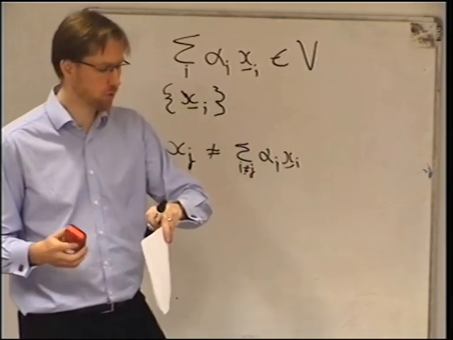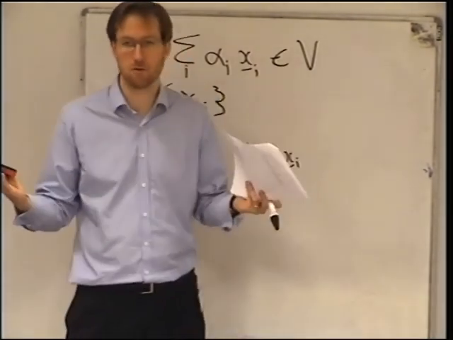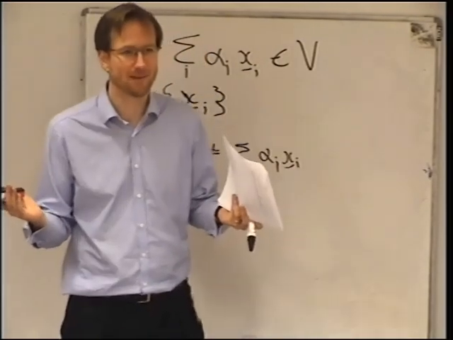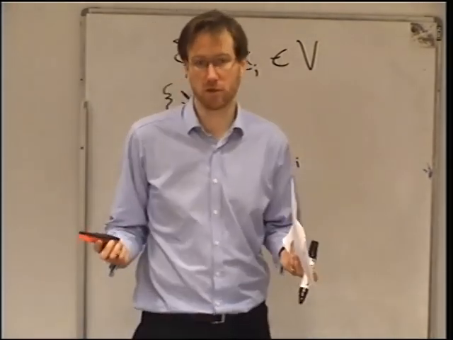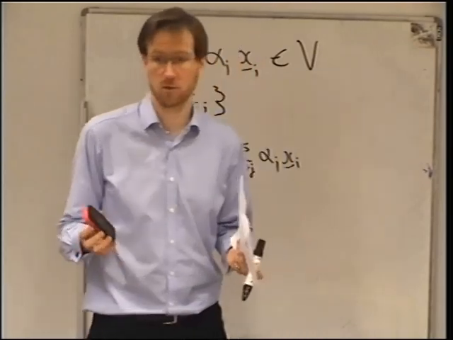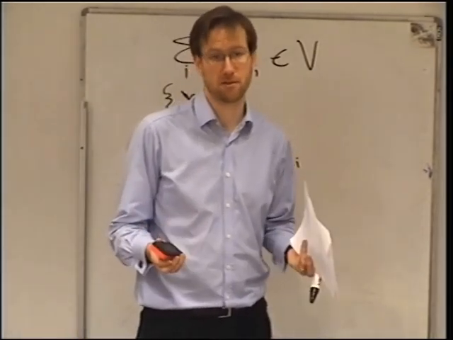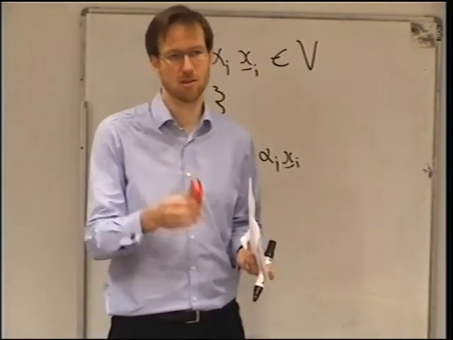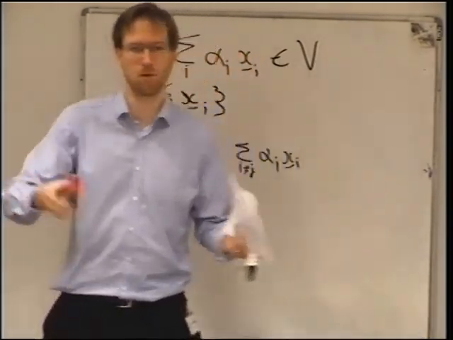And so I'm not going to draw all this out now, but if we took the functions, for example, to make our life convenient, on the interval minus pi to pi, then a big class of functions on that space, certainly all the continuous ones, but actually quite a lot of the discontinuous ones as well, are spanned by the Fourier basis. So they're spanned by sin x, cos x, sin 2x, cos 2x, sin 3x, cos 3x, and so on.